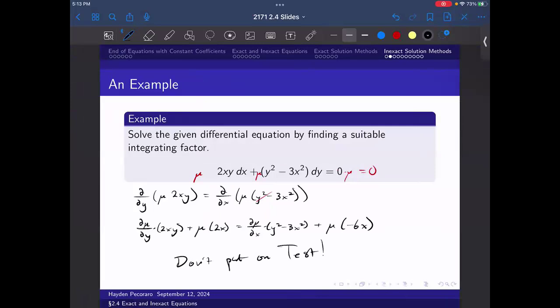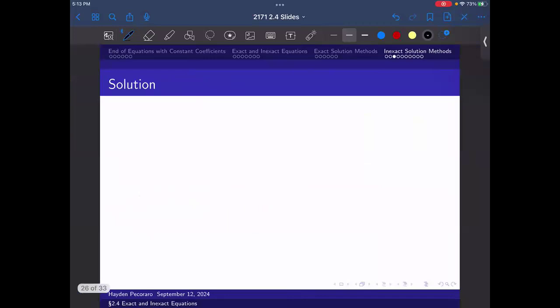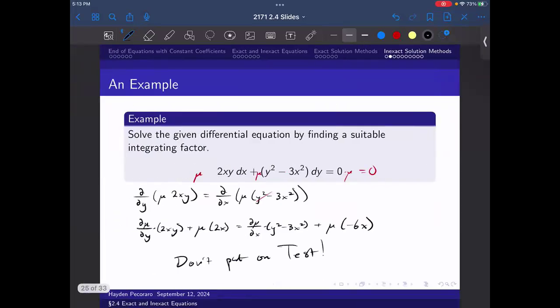Yeah. No, what we do instead is we make an assumption. Mu of xy is really just going to be a function of x. And this will make our lives a little bit easier. Why? Because now d mu dy is equal to what? If this function only depends on x and I take a y derivative, I get 0. Okay, so then if I come back over here, that whole term goes away.